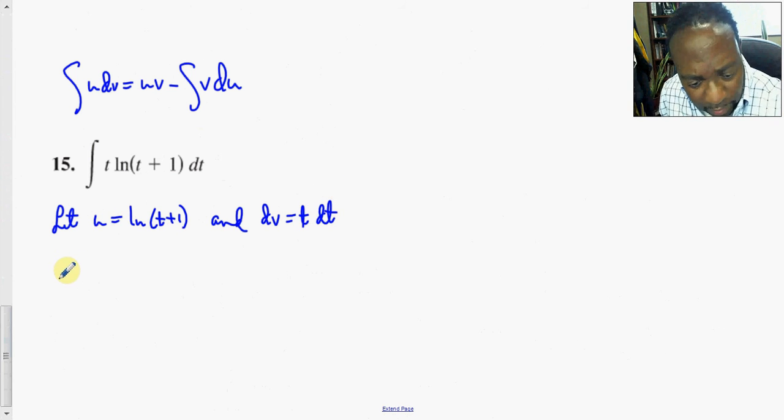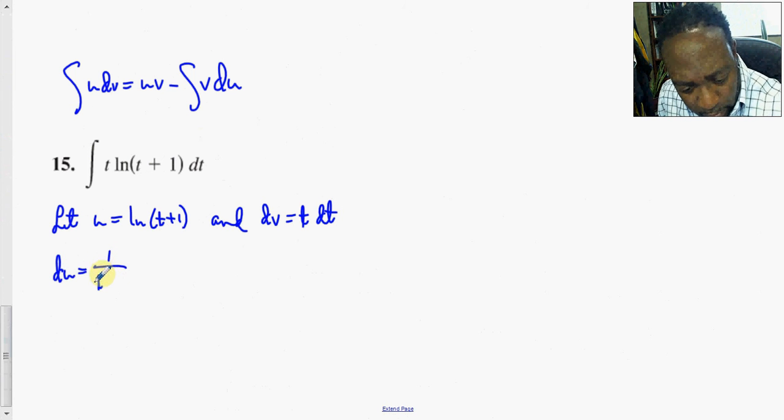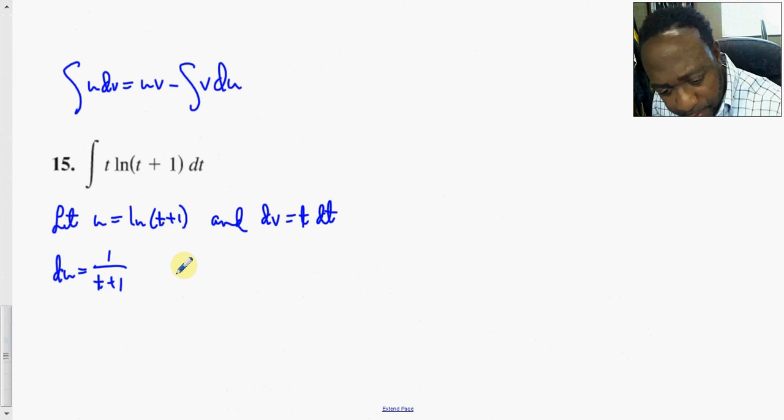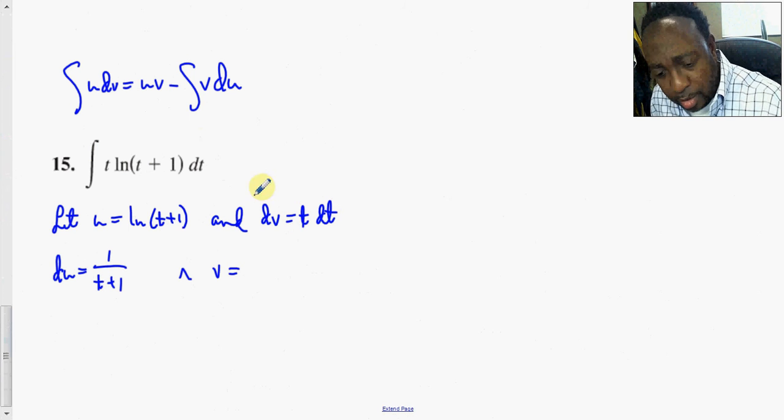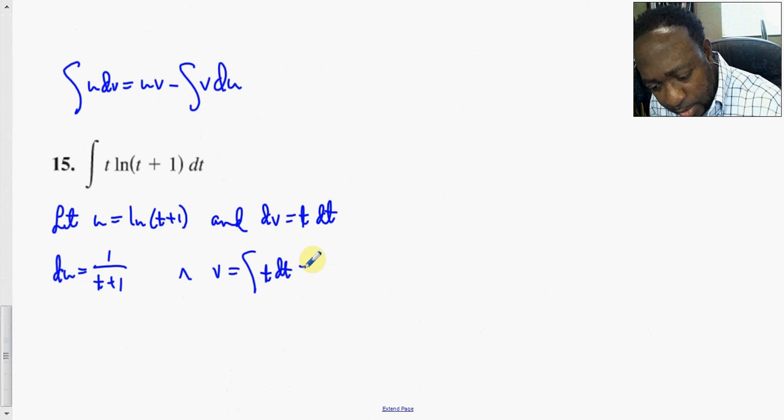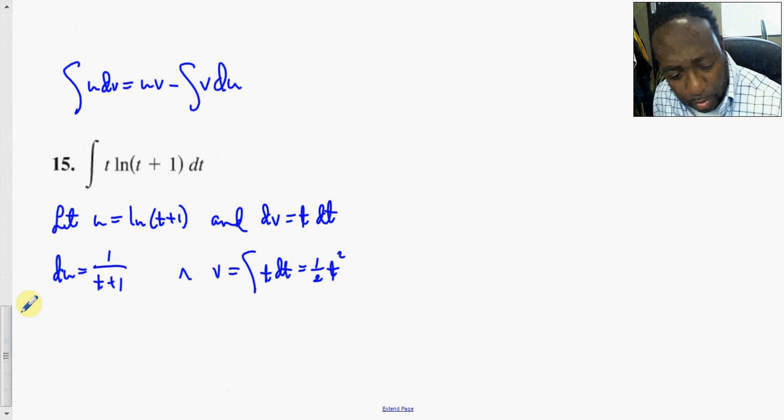When I take the derivative of u, we get du is 1 over t plus 1, and v, you integrate t dt, and that gives us 1/2 t squared.